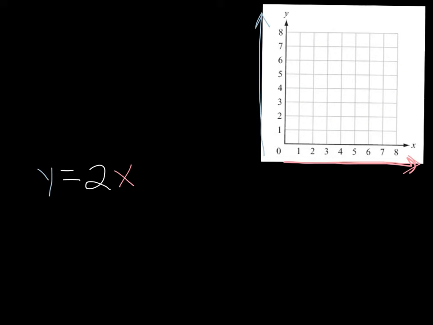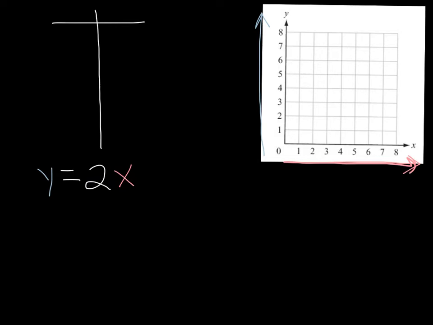All right, so the first thing we have to do is set up an input-output table, and this is the easiest way to keep track of your work. What you do for that is just draw a t-chart, and you can draw it like that or you can draw it sideways too, but I prefer to do it the vertical way. It's just a little bit easier for me.